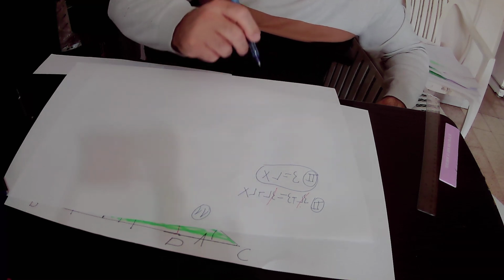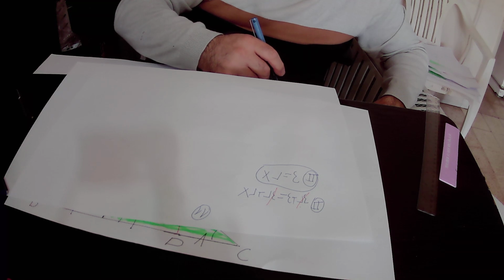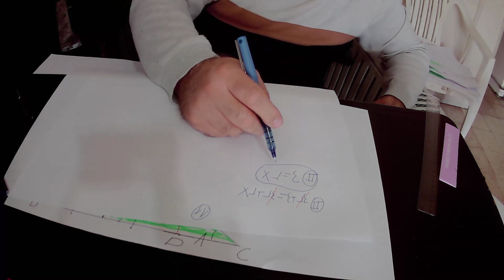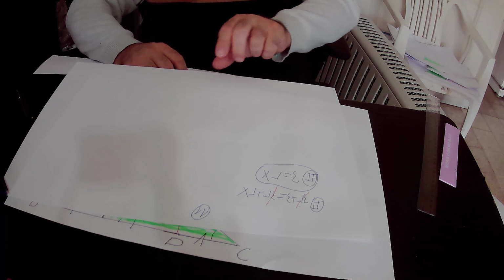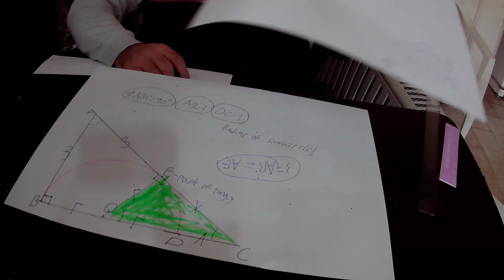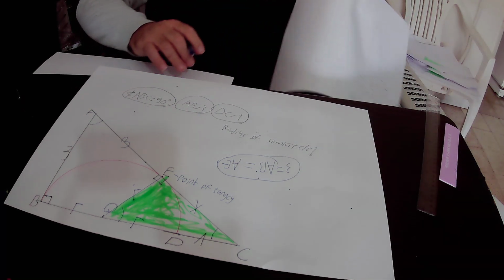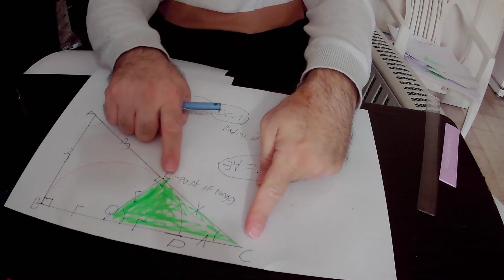Here we divide this equation by X. Why is it allowable to divide the equation by X? Maybe X is 0, but as you can see from the drawing, X equals EC.